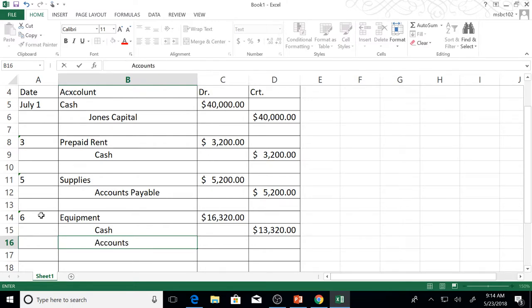It's going to increase by 3,000. Just 3,000, that's how much he owes. All right. So it's still balanced, correct? The debit side, 16,320. The credit side is 13,320 plus 3,000.